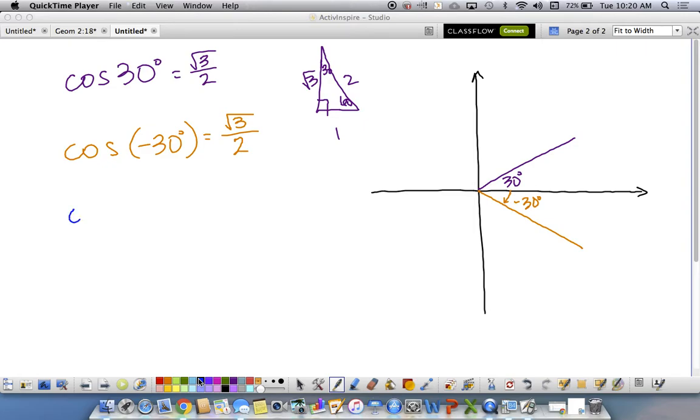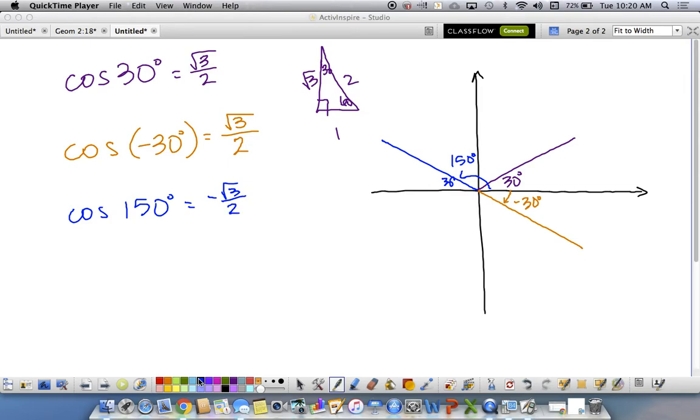So let's go, what's cosine of 150 degrees? So where's 150 degrees? Second quadrant. What's my reference angle? 30. So this is 30. So what is cosine of 150 degrees? Negative square root of 3 over 2.